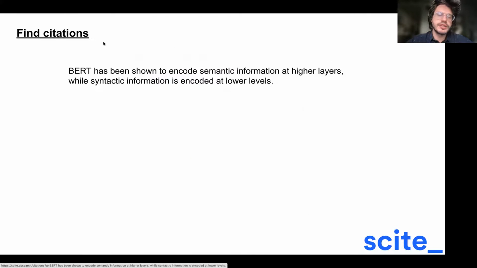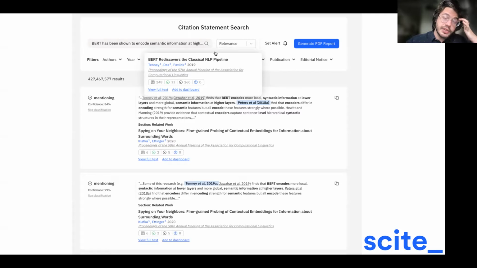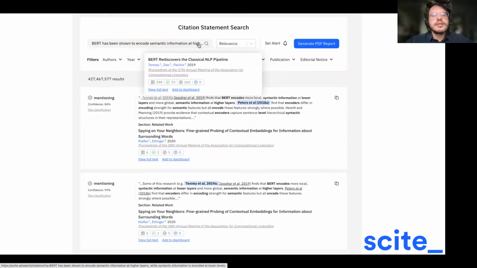I'm really just copying this text and putting it in here. When you search a claim, out of all of our citation statements, which is now over 1.1 billion that we've indexed, you can see whether other people have made similar claims.